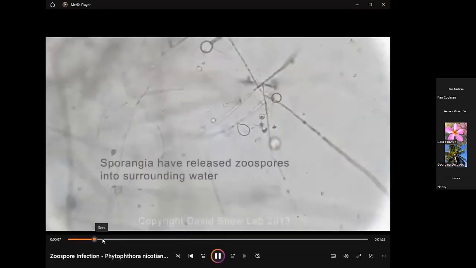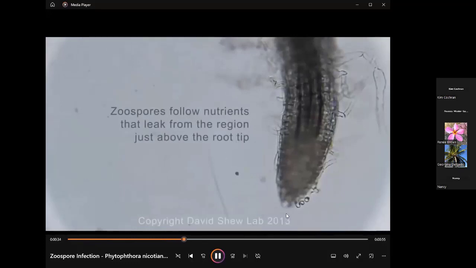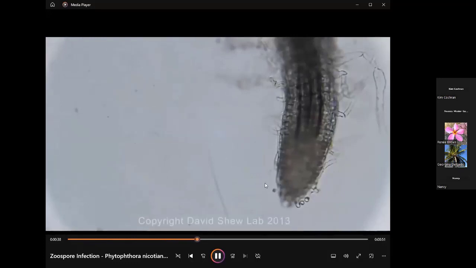So sugars, growth hormones, and it's strongest at the root tip, the actively growing region at the tip. So they're swimming around in water. We're going to skip along. So here's our little root tip, and these zoospores are able to hone in on that because it's a really strong chemical concentration that they can sense.